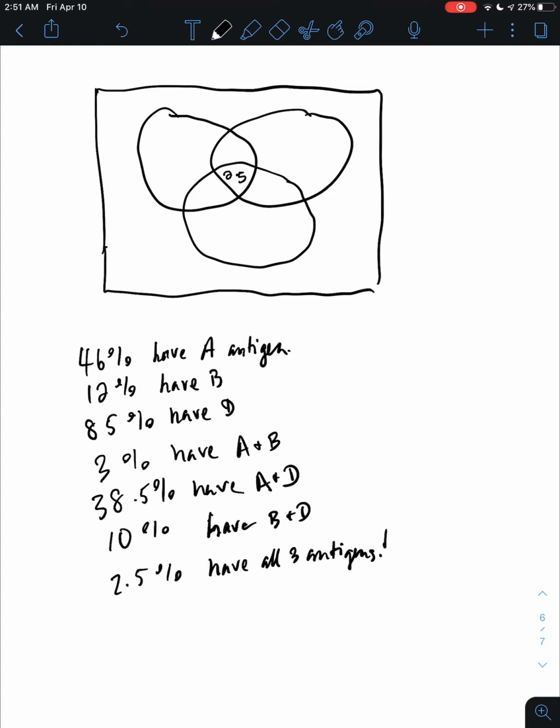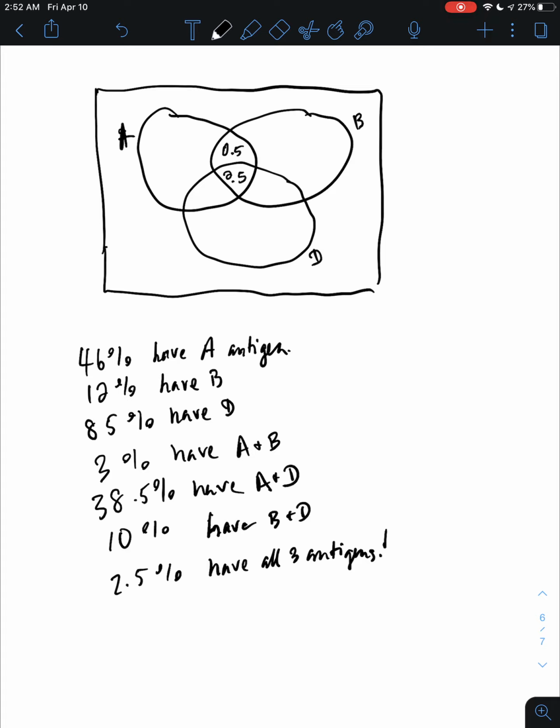2.5% goes in here. Okay, now I'm going to start working my way backwards. I should label these A antigen, B antigen, and D antigen. 3% have A and B. I've already counted 2.5%, so that means 0.5 goes up here.